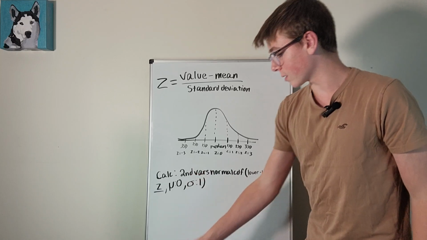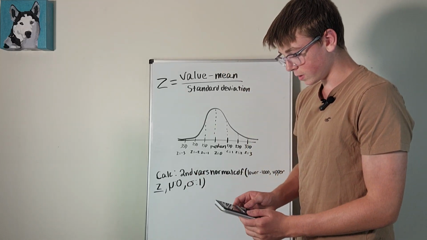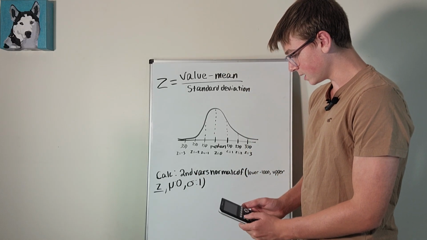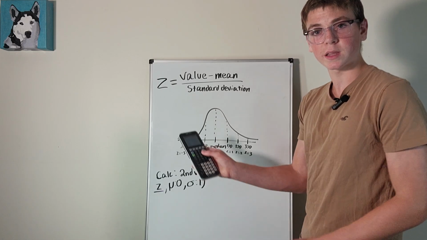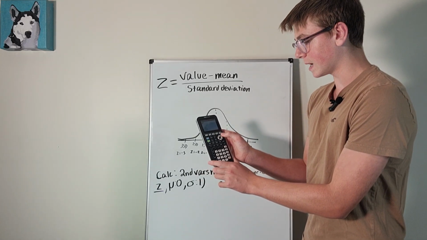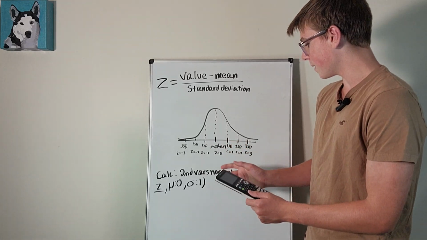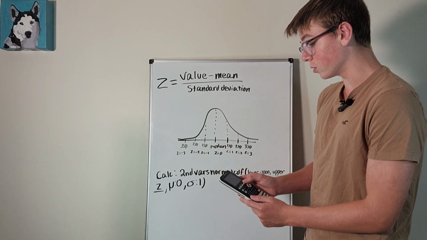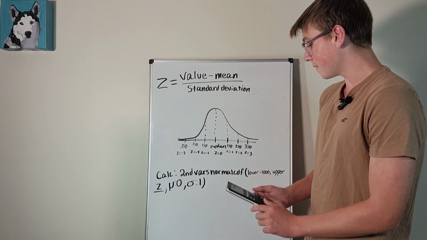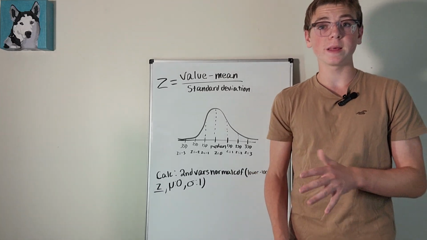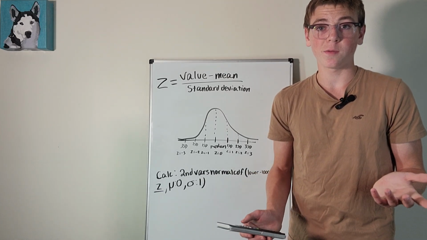You'll go to your calculator, and you will press second, and then VARS, which is under the up, down, left, right, and then you'll go down or press 2. It'll go down to normal CDF, and then for your lower, you're going to want to put a really low number, like negative 1,000.